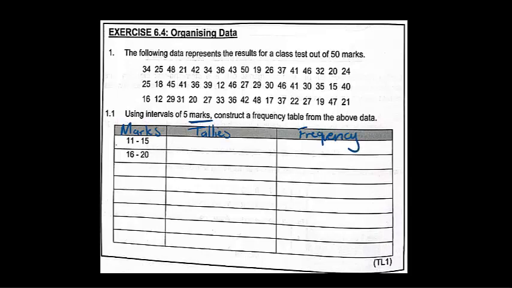Now, if you remember the difference between discrete and continuous data, we said discrete data is items that are whole items. In this example, they are telling us to go 5 marks at a time. This is going to be considered continuous data because it's groups of marks together. It's not 1 mark at a time.